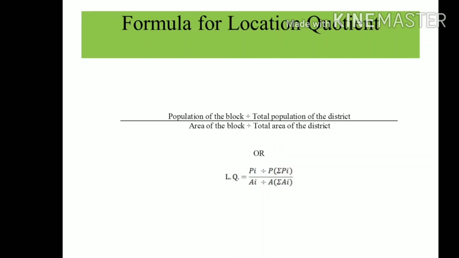It can be shortly written as location quotient equals Pi divided by P, divided by Ai divided by A. Here Pi means population of the individual block and P is the total population of the district. Similarly, Ai is the area of the block and A is the total area of the district.